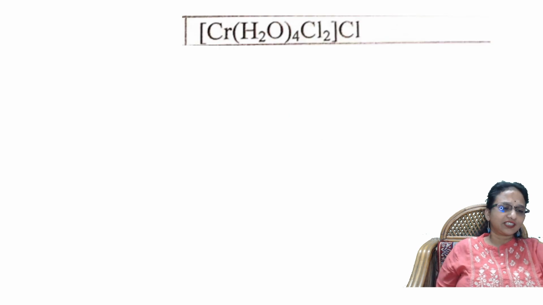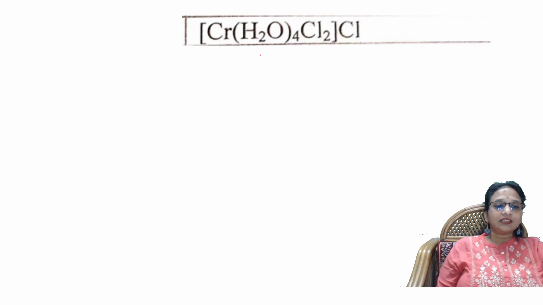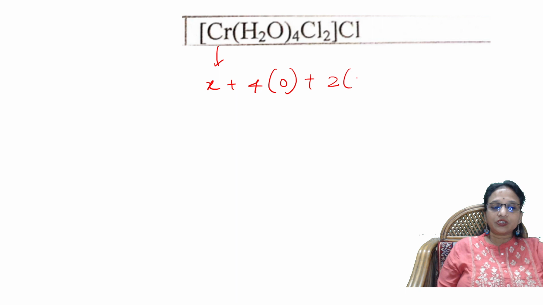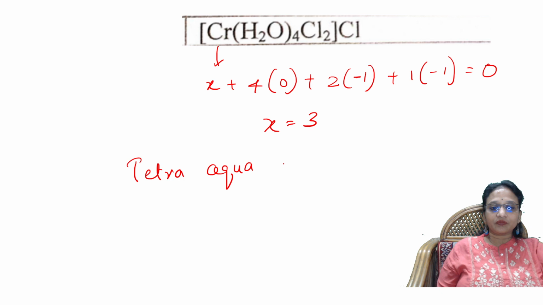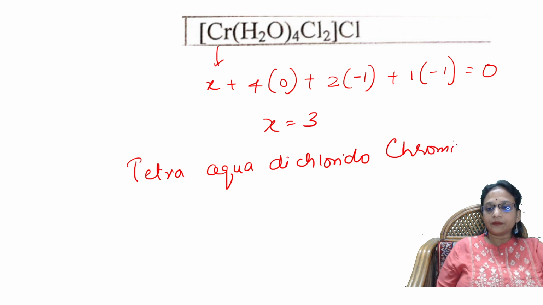It is easy, students, actually. Nothing to worry. So 2 are there. Here, same thing. Chromium, 4 into 0 plus 2 into minus 1 plus 1 into minus 1 is equal to 0. X is equal to how much? Name it. Alphabetical order you should do here. Tetra, it is aqua, dichlorido, chromium.